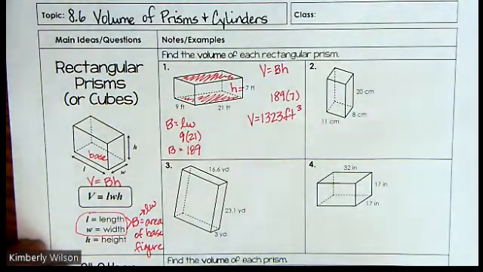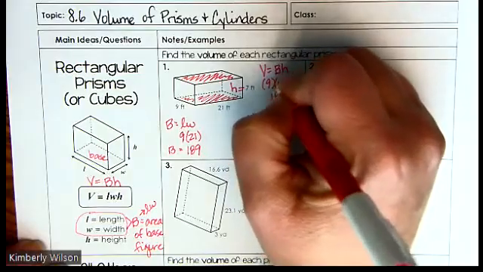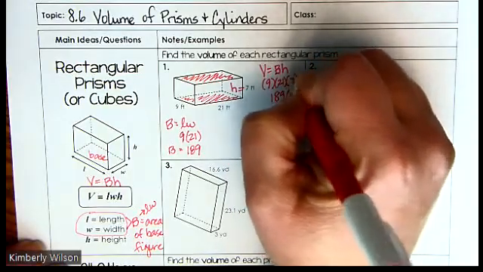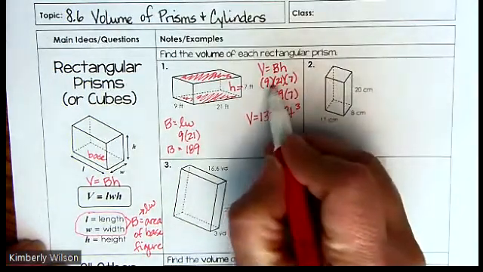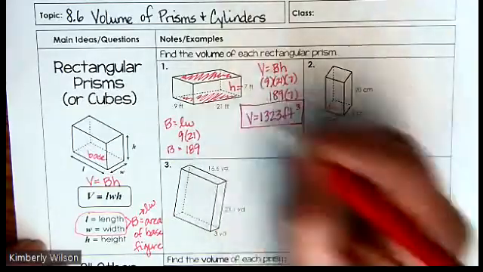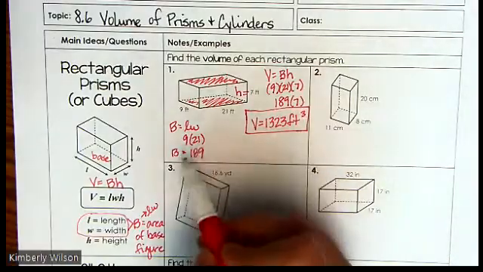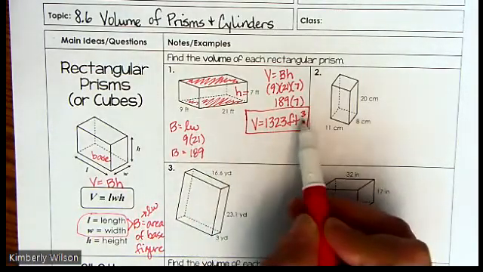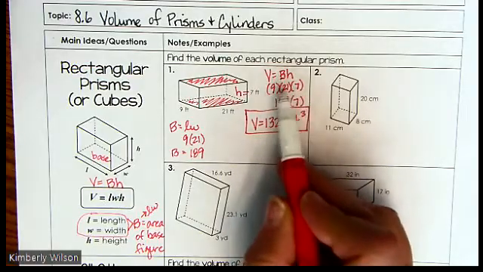Well, in actuality, what I'm doing here is 9 times 21 times 7. I'm multiplying feet times feet times feet. So I'm multiplying 3 sets of feet, which is feet cubed. There's my volume. You can either find B separately and then plug it in, or you can just do the length times width times height for a rectangular prism.